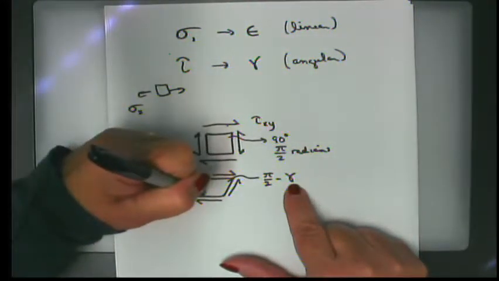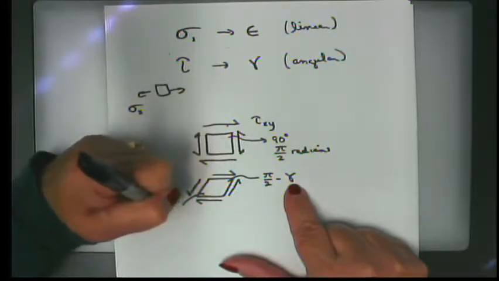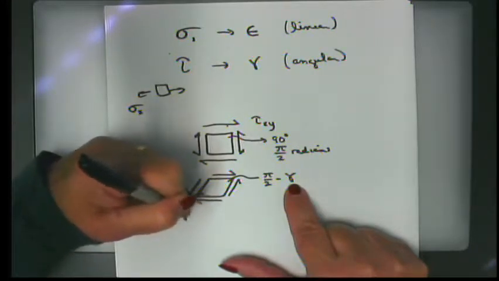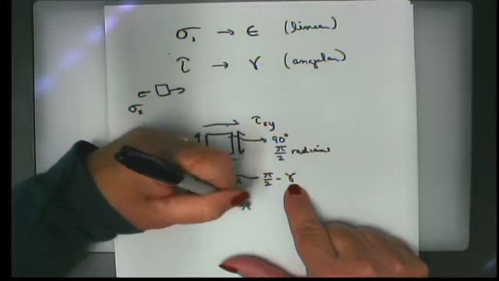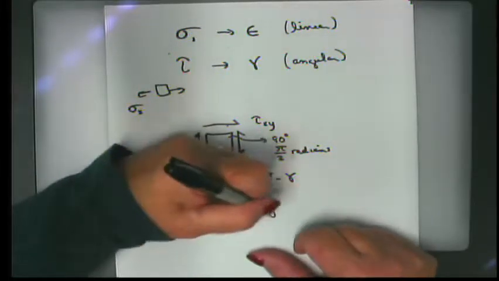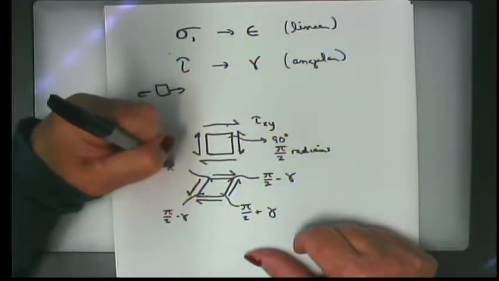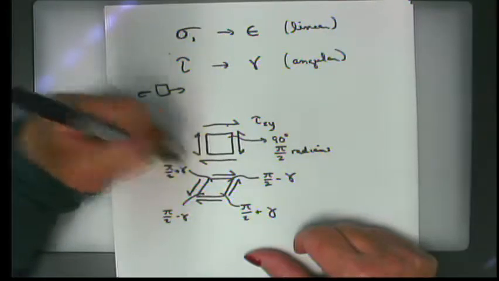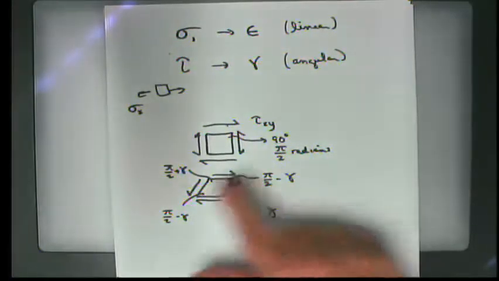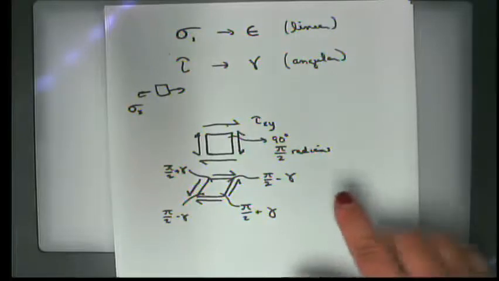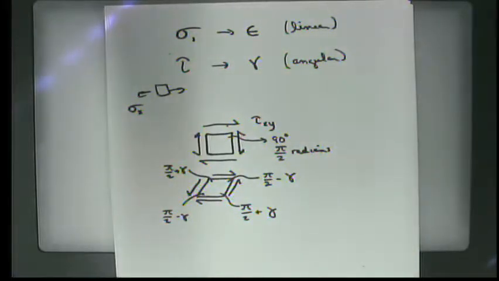And this angle would also be pi over 2 minus gamma. And this angle would be pi over 2 plus gamma. Very good. I was hoping someone would see that. And gamma is the amount of change in the angular relationship of those sides of the stress block, and therefore that is the shearing strain.